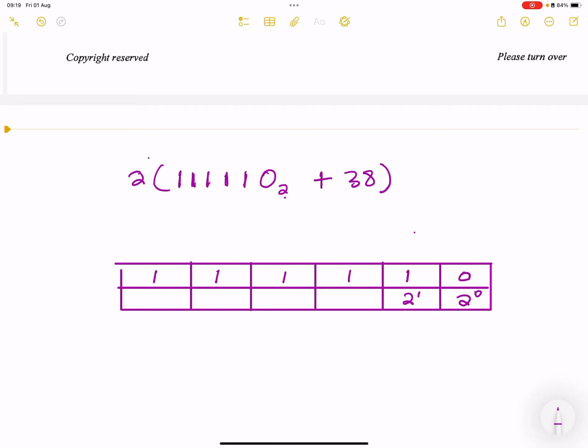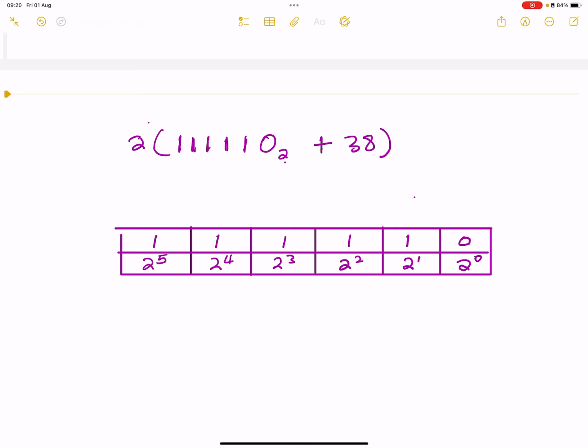So that's 2 squared, 2 to the power 3, 2 to the exponent 4, and 2 raised to the exponent 5. Now note that our first binary digit is a 0, which means we do not add this number.